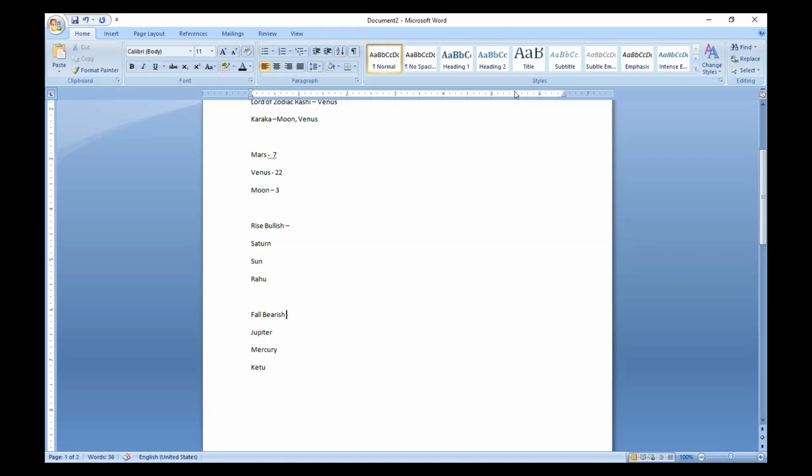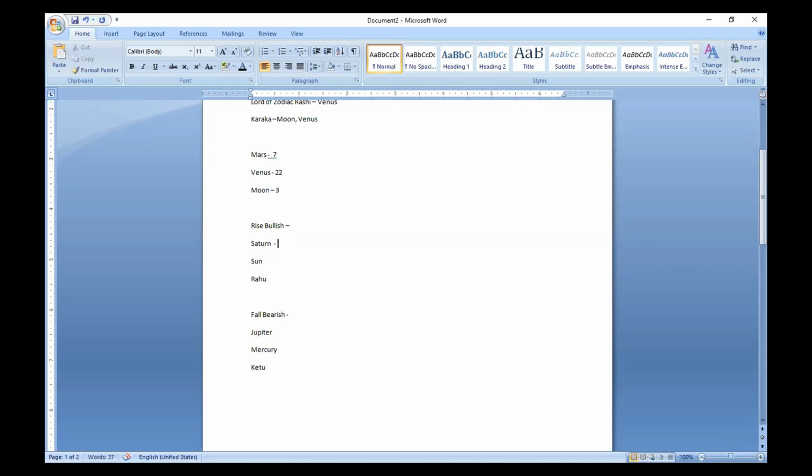Okay, so everybody has noted these things in some notepad or anywhere, or taken a screenshot. Yes, sir. Okay, so we will take the degrees in the India chart.